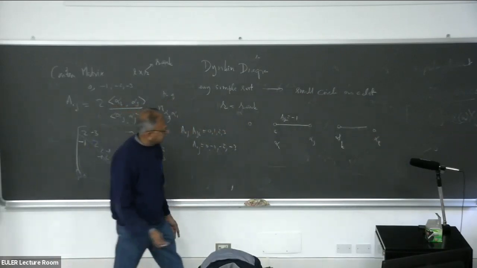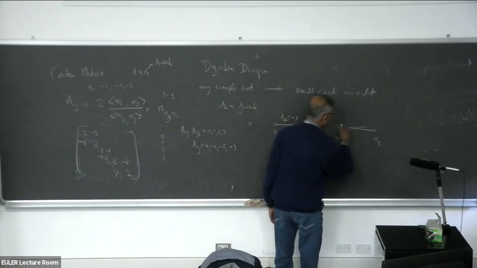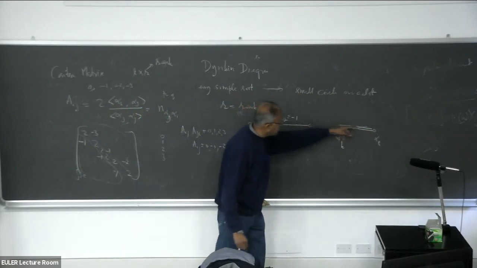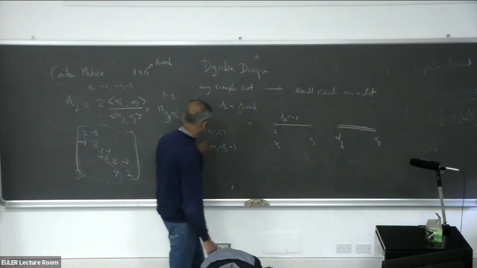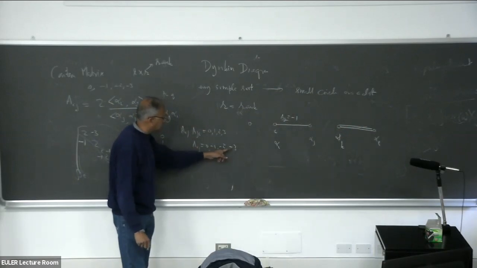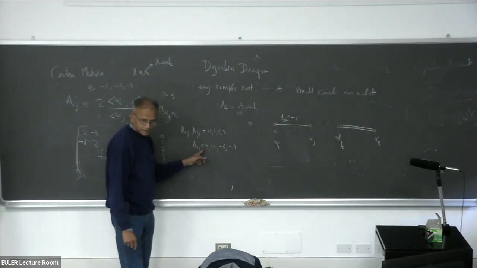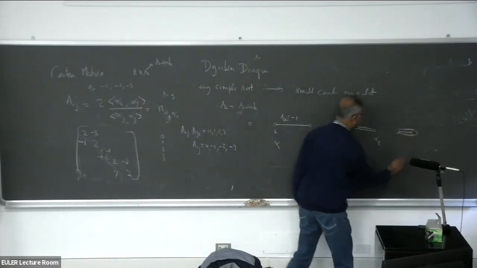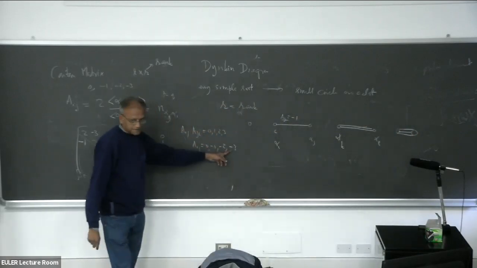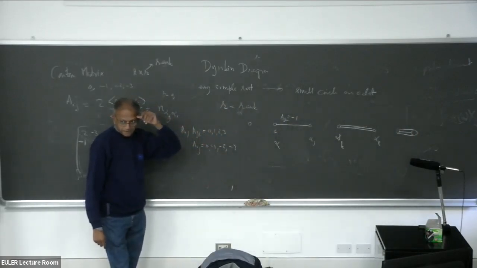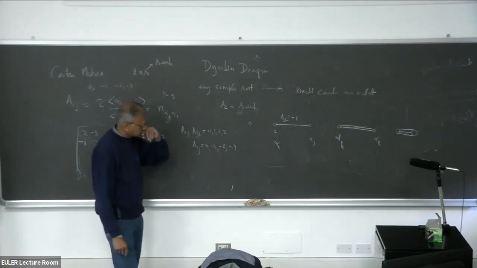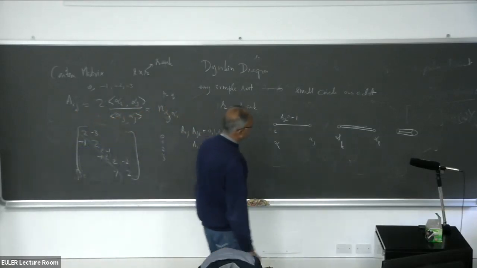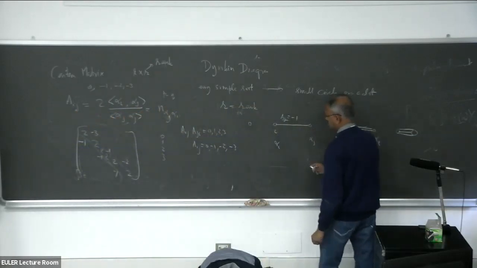In that case you connect them with two lines, and so on. So the number of lines is equal to the modulus, 1, 2, or 3, or 0. The maximum would be 3, which would correspond to Aij equal to minus 3. So this is the way you draw.